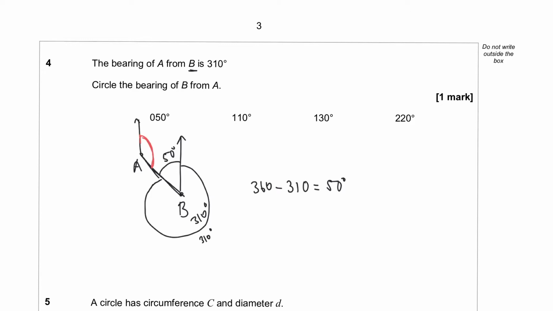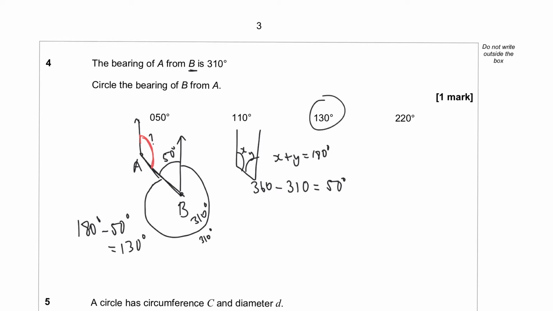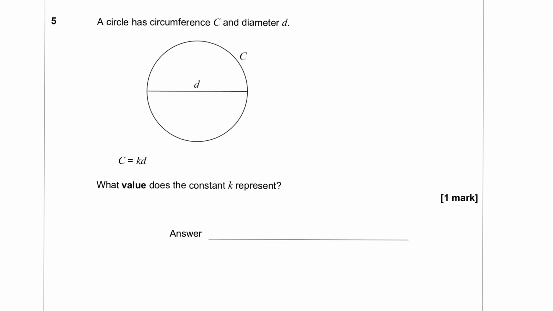Luckily, we can see a C angle has been formed. In terms of C angle supplementary angles, the two angles within add up to 180 degrees. So in order to work out this red angle, it would be 180 degrees minus 50 degrees, which is 130 degrees.